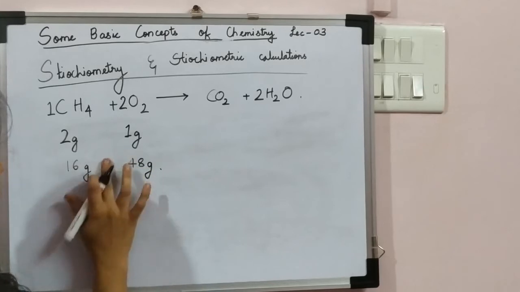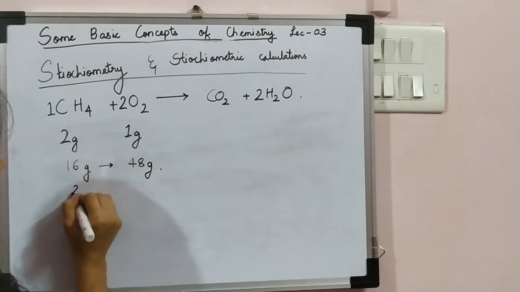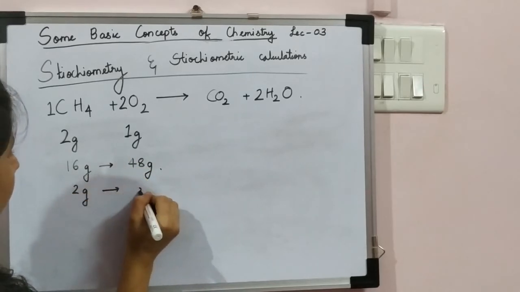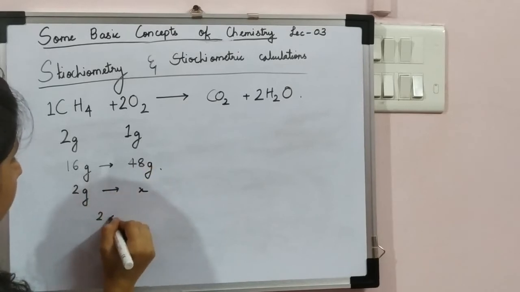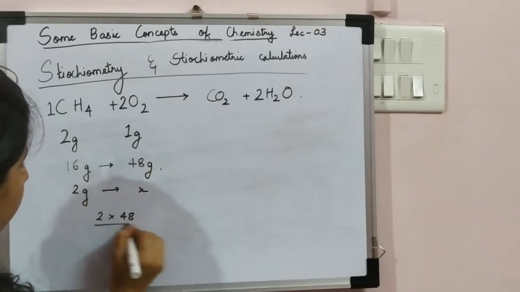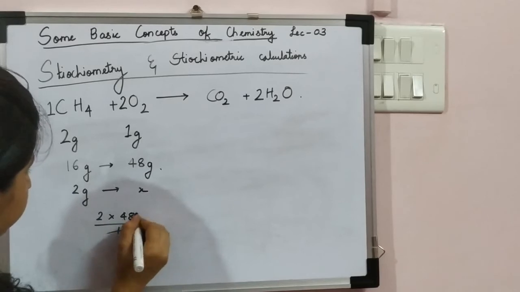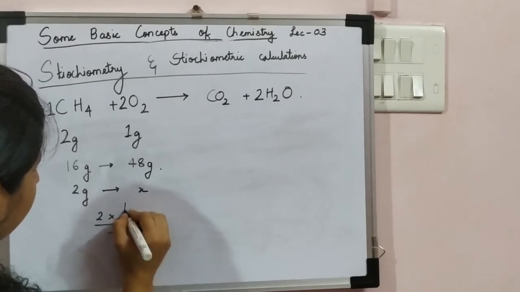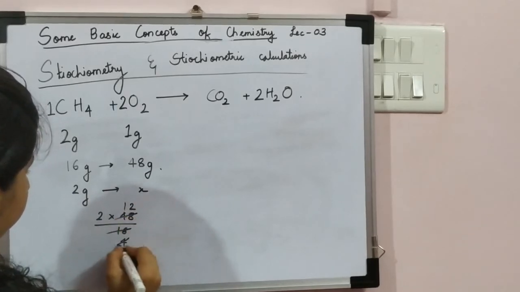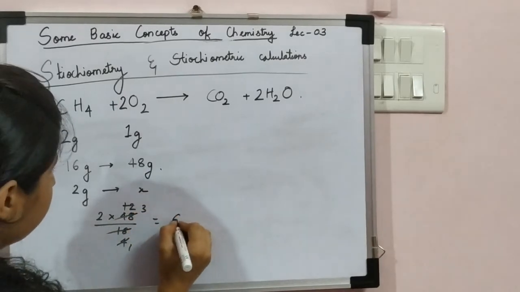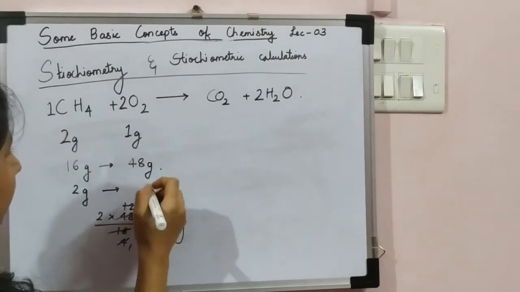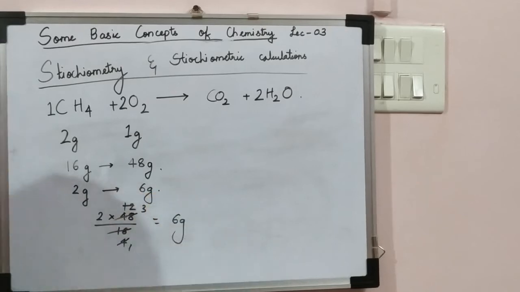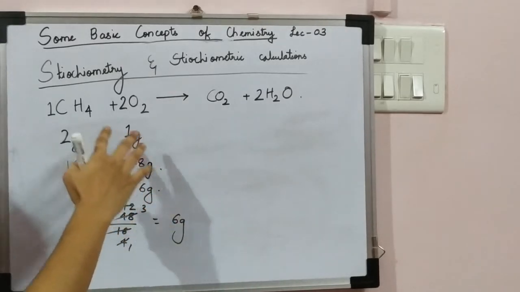So how much should 2 grams react with? We'll do cross multiplication, 2 into 48 divided by 16, so this becomes 6 grams. So this should react with 6 grams. But 6 grams is not given, only 1 gram is given.